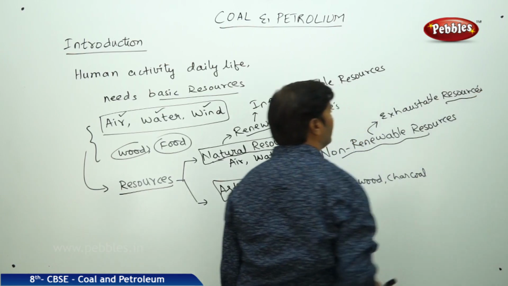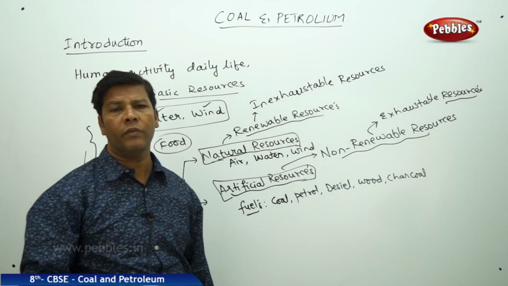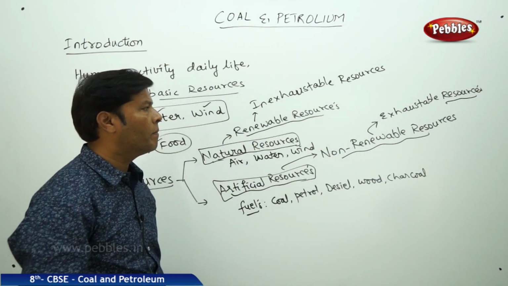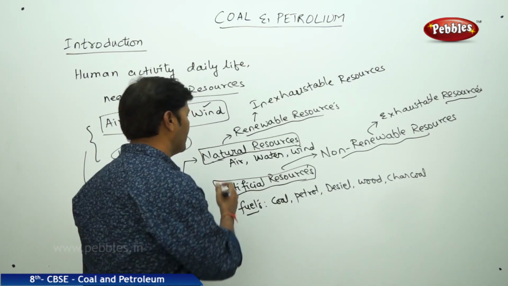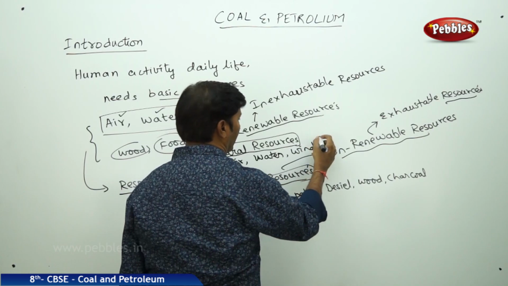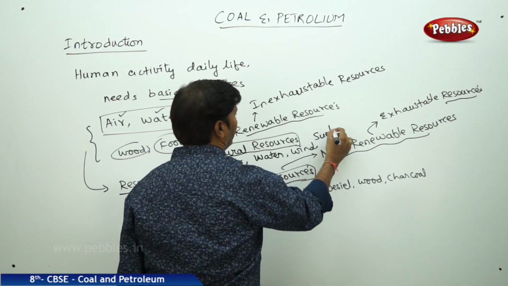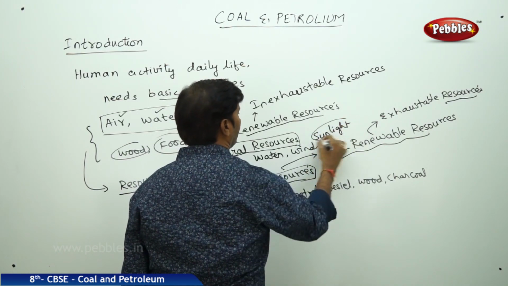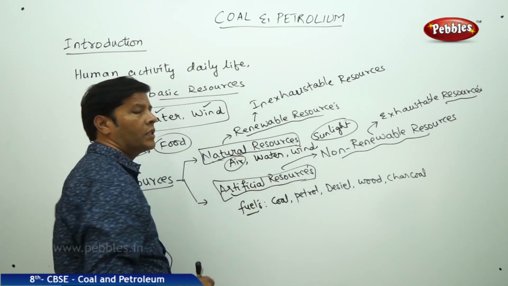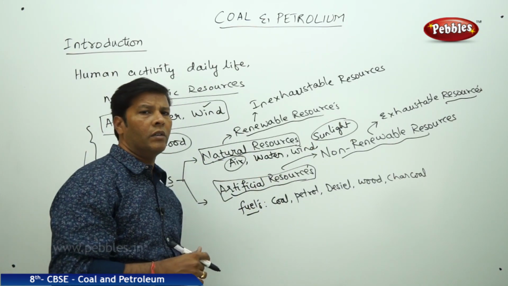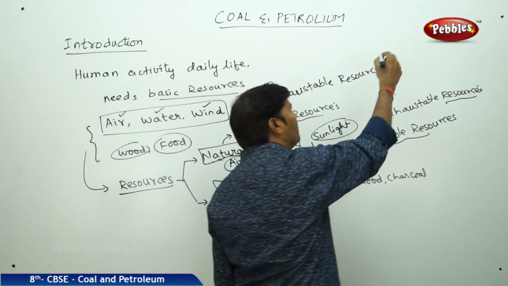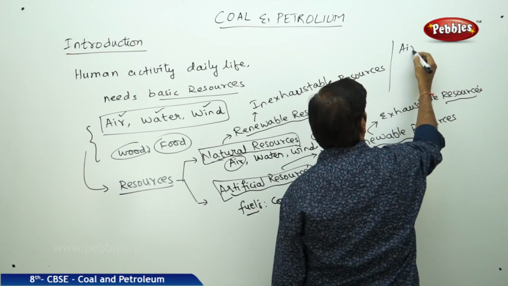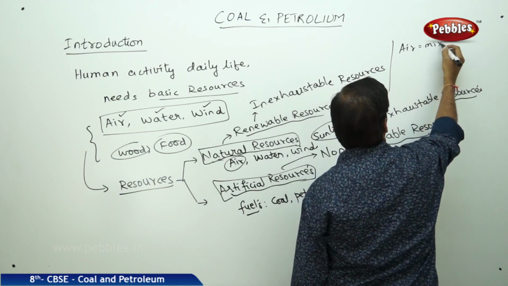So coming to the point, what exactly do we want to discuss from this introduction. Today, if you take sunlight and air, these are the unlimited resources given to mankind. For example, air is a mixture.